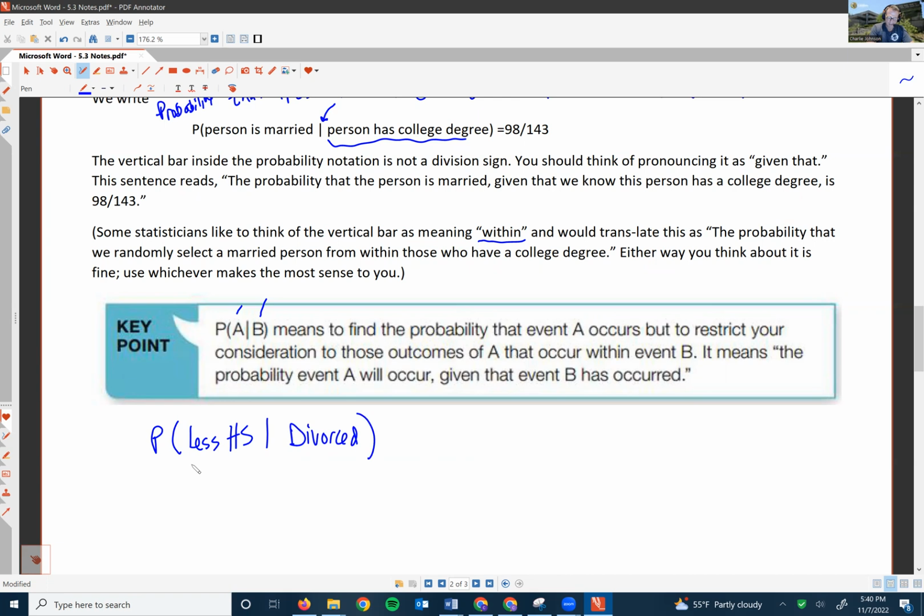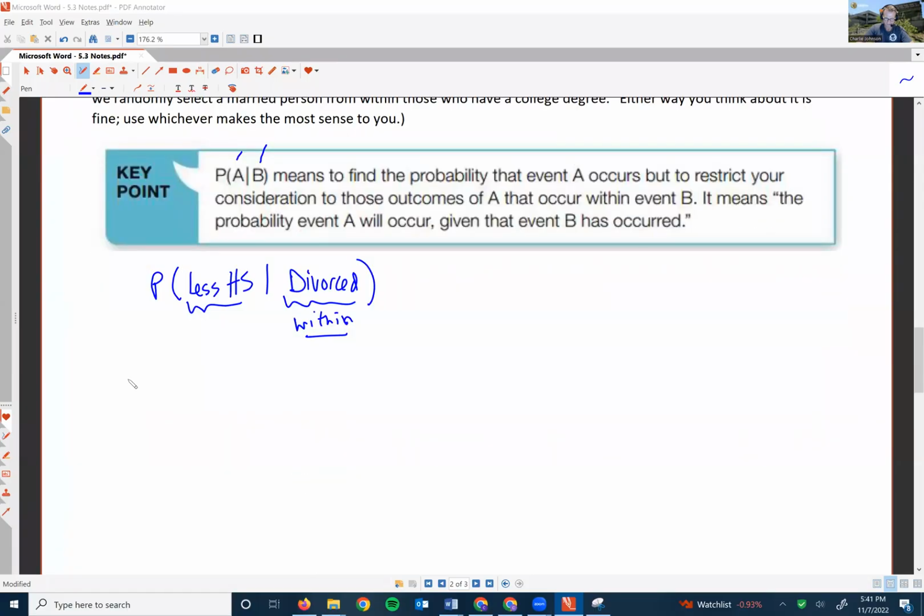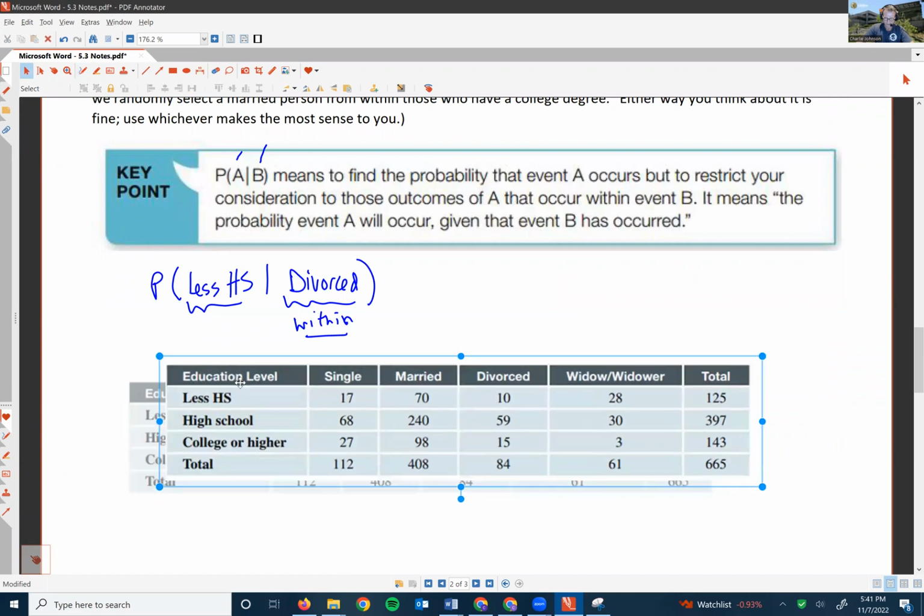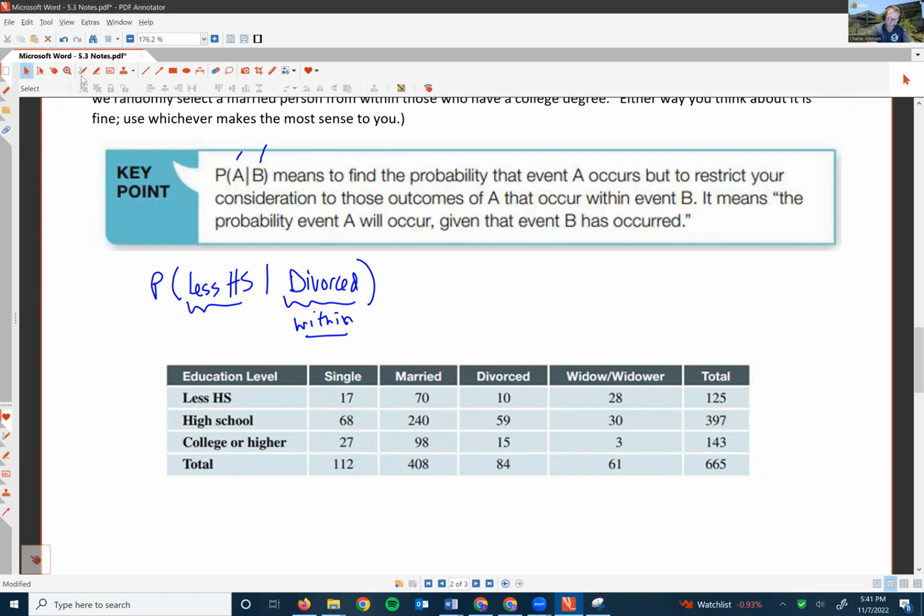So we're going to find the probability that someone has less than a high school degree given that they're divorced, or within the divorced column. The less than high school comes first, the divorced comes second, but that's the given that. So it's good to look at that one first. So let's be within the divorced column. Given that they're divorced, we want the probability that they have less than a high school education.